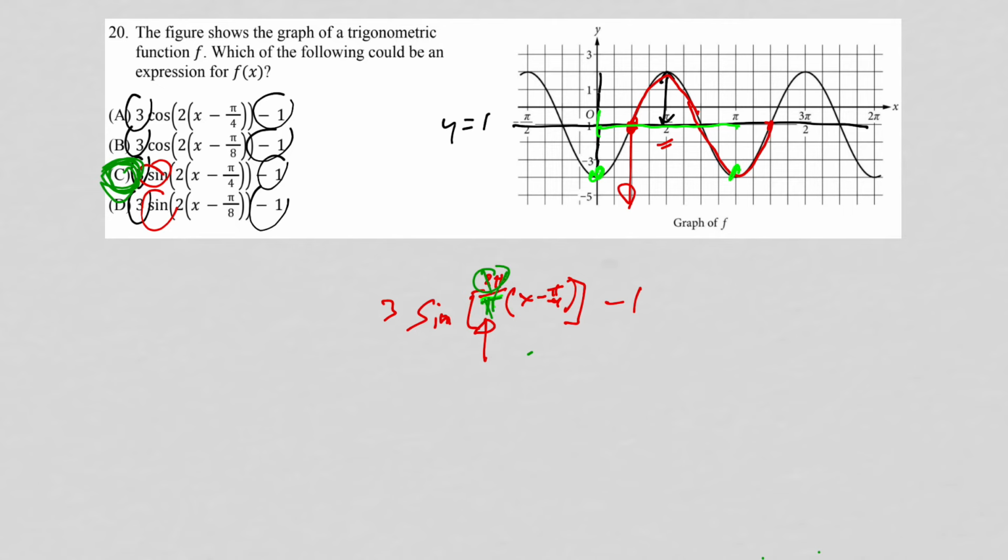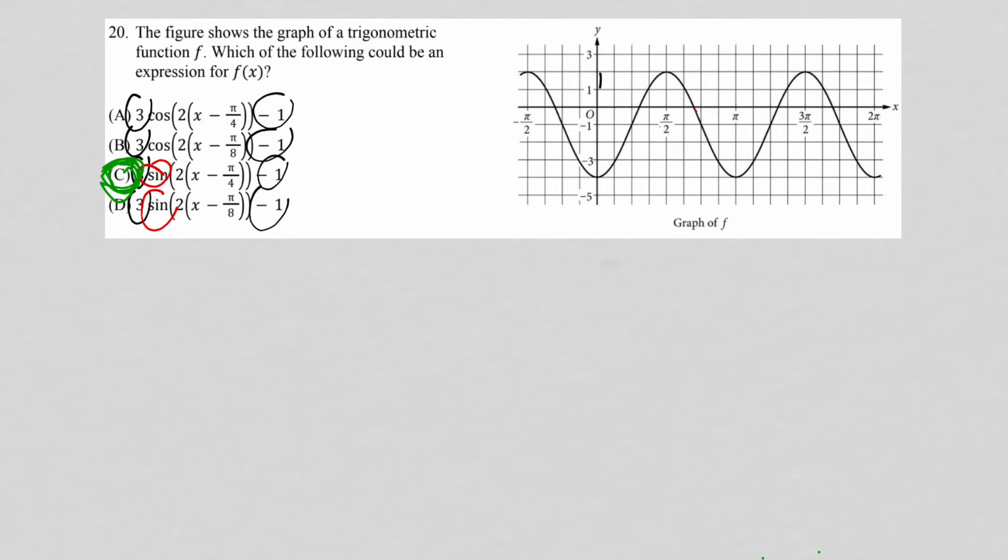I'm going to do a little bit more about this question, because there's an answer they could have made a cosine answer if they wanted to. That would look like this. If they really want to have a positive 3 cosine, we'd have to go like that. Cosine goes like that when it's positive.